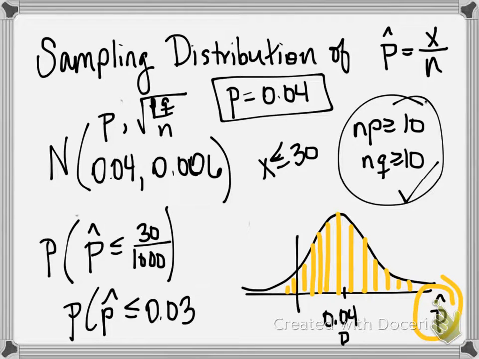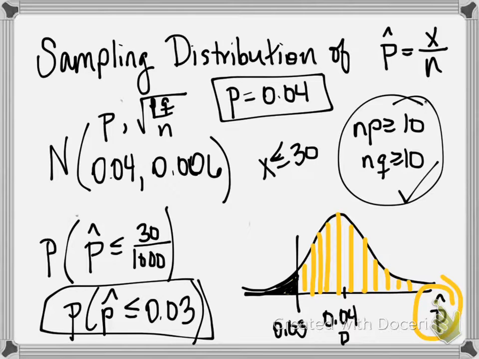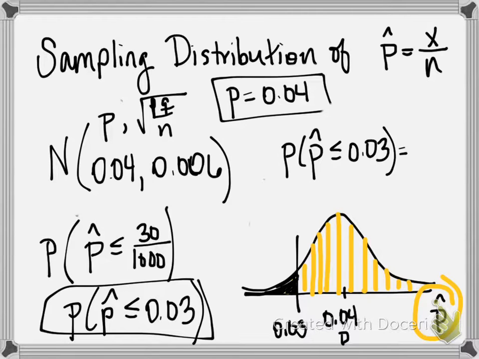So again, we can put 0.03 here. We're finding the area to the left of 0.03, and that's the probability that our sample proportion is less than 0.03, or 30 out of 1,000. I plug that into our calculator, and I also get 0.05. Due to rounding, I got 0.0578, etc., but we basically get the same value.